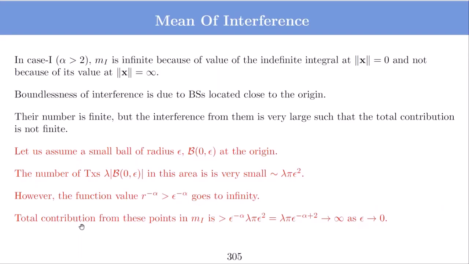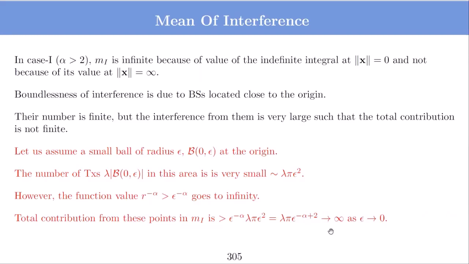The total contribution is more than lambda pi epsilon square times epsilon to the power minus alpha, which is lambda pi epsilon to the power minus alpha plus 2, which also goes to infinity as epsilon goes to 0.